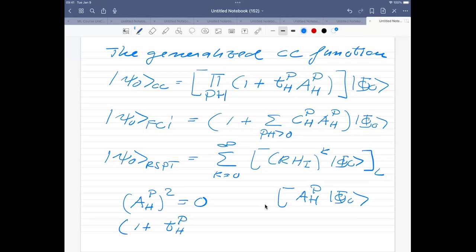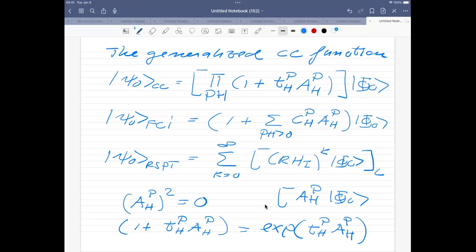I have that this operator here is something which I can now rewrite in terms of the exponential of this set of operators, t_ph with the unknown amplitudes, multiplied with a set of particle-hole excitations.